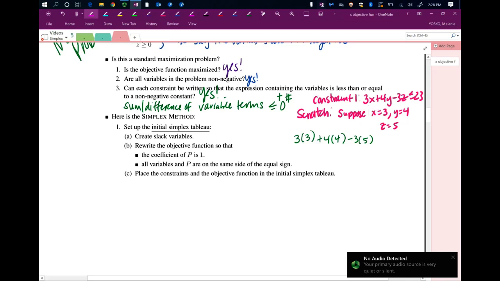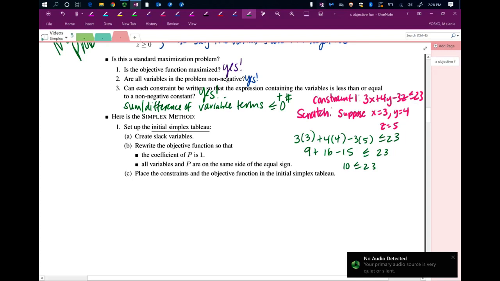This expression right here. Okay? And therefore, it's still less than or equal to 23. So 3 times 3 is 9. 4 times 4 is 16 minus 15. Okay? Well, is that less than or equal to 23? 9 plus 16 minus 15, isn't that 10? Is 10 less than or equal to 23? We know it is, right?